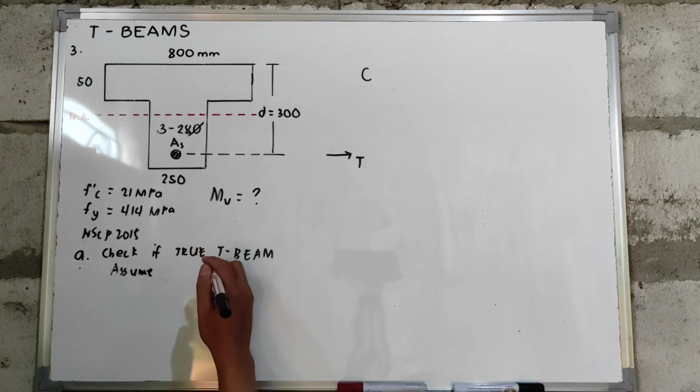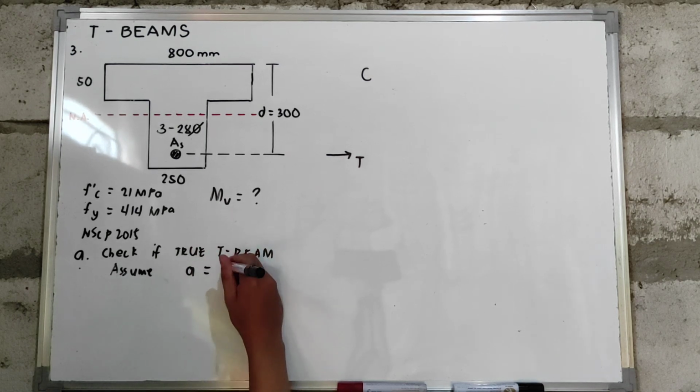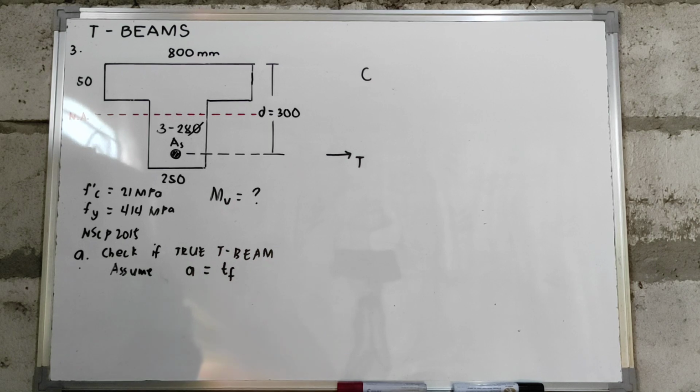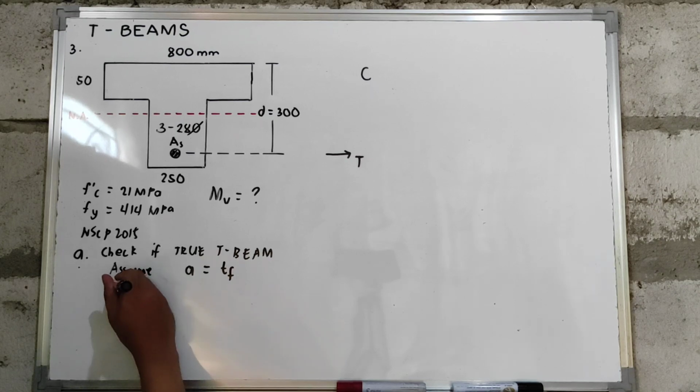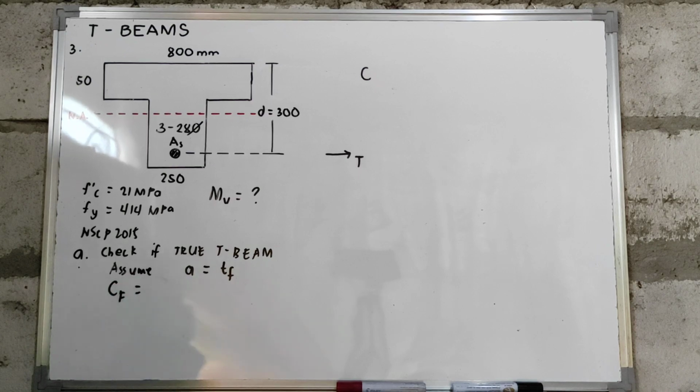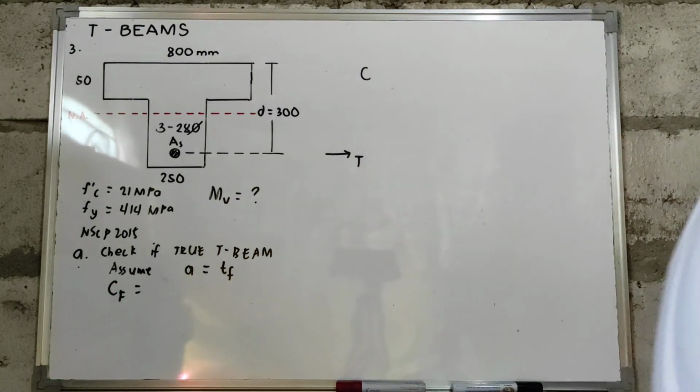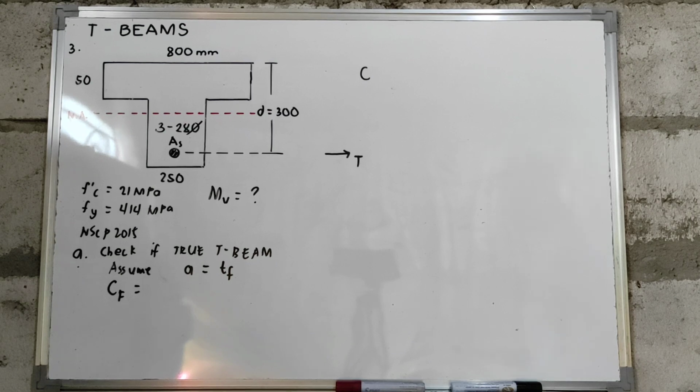So yung height ng compression block natin, that is A. So that is equal to the thickness of your flange or yung thickness ng slab natin. So for that, mangyayari niyan is we will going to calculate for the value of your compressive force at flange. So for this, we have 0.85 F'(C) multiplied by the area of your flange in compression.